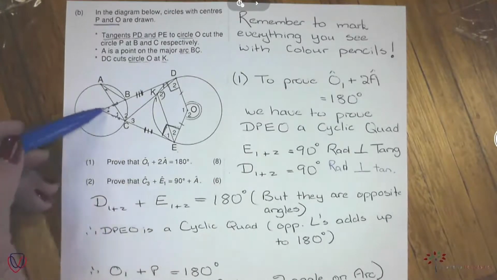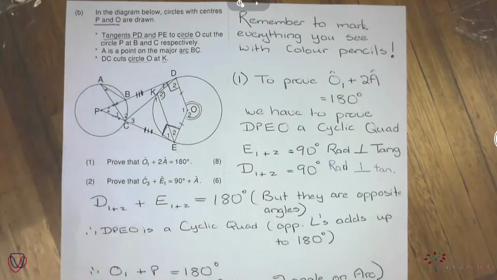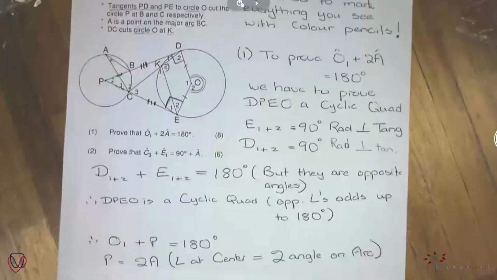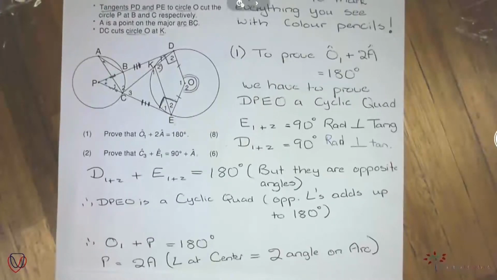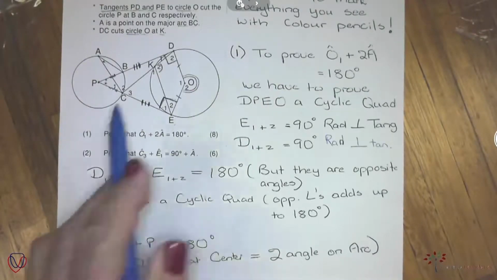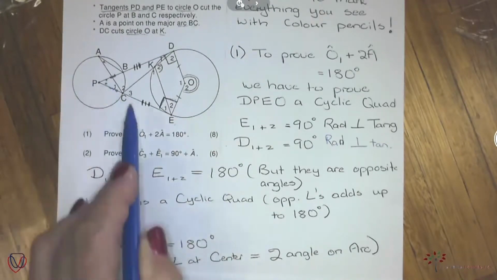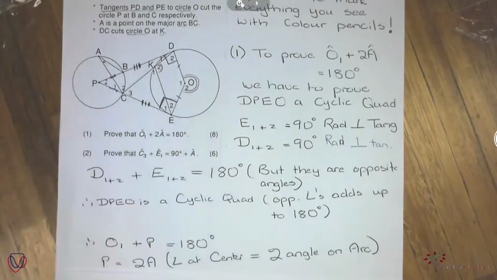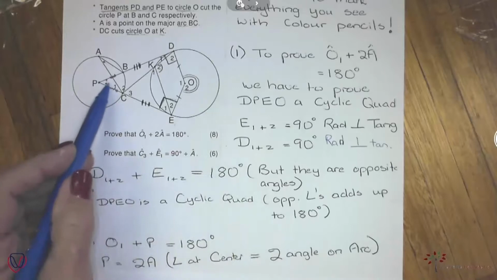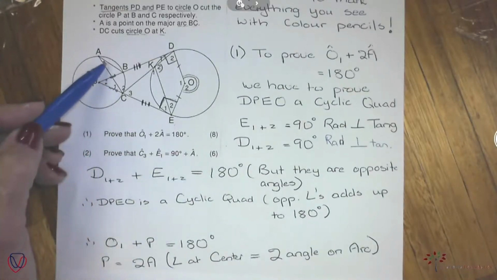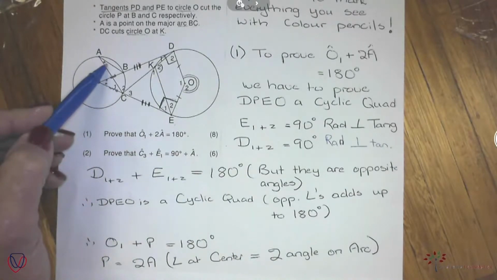So we say P is 2A, angle at center is twice the angle on the arc. O1 plus P is 180 because we've got a cyclic quad, but P is twice A because the angle at the center is equal to twice the angle on the arc.